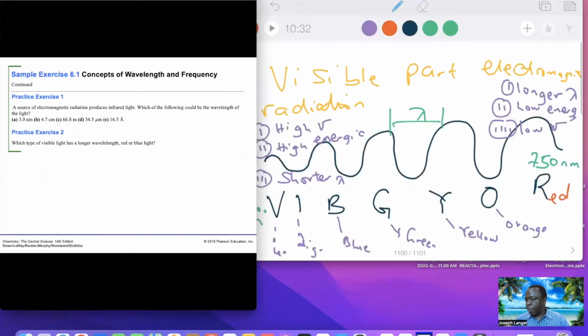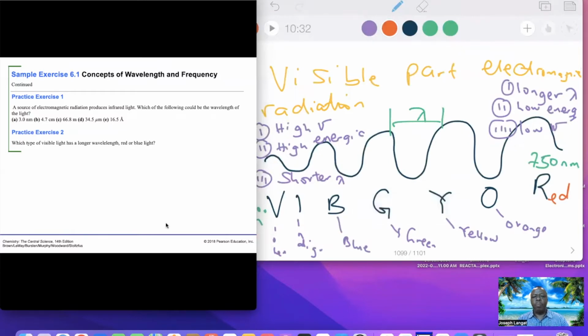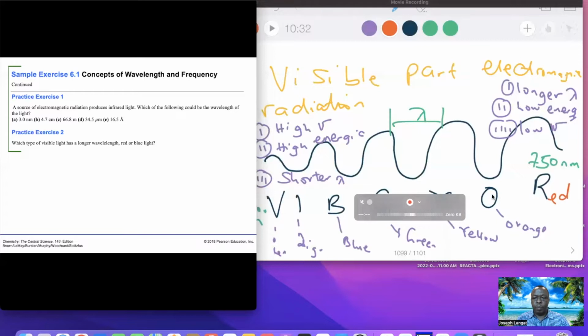This is what I gave you here, all right? If you look at the position of red with respect to blue, I know you may have memorized this in high school, and there is a mnemonic way of committing it to memory: Richard of York crossed bananas in vain.